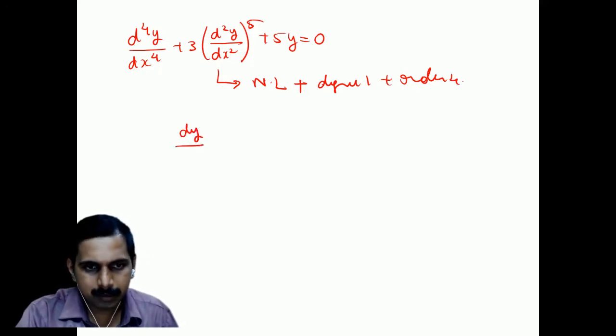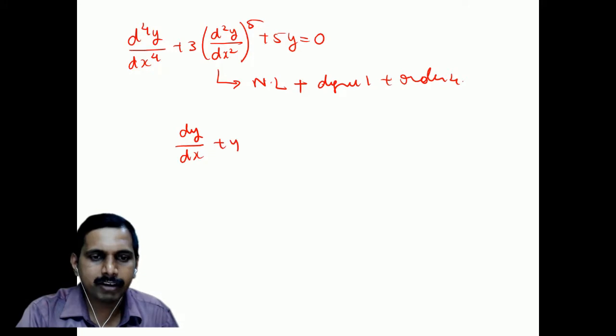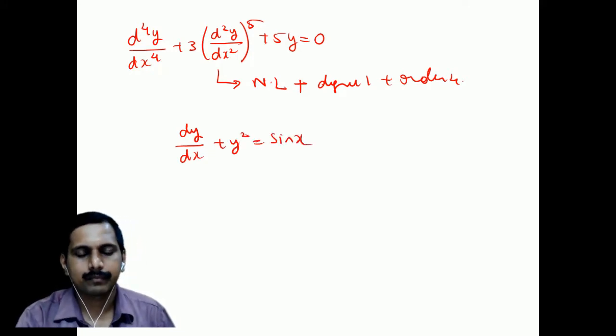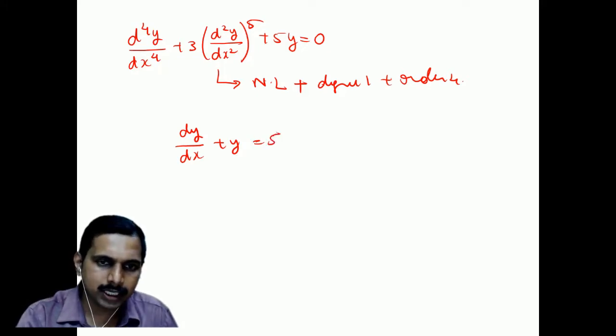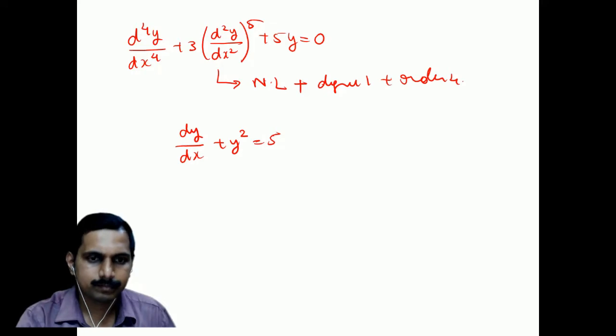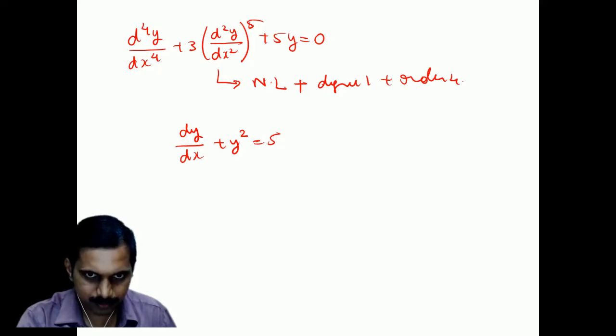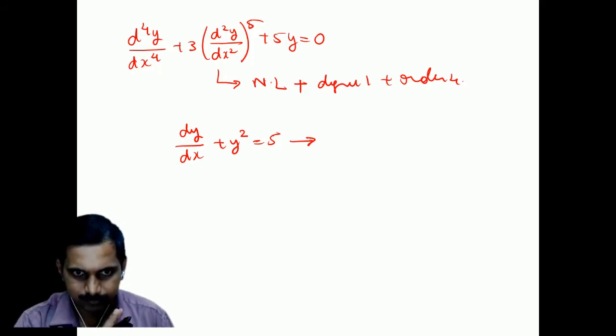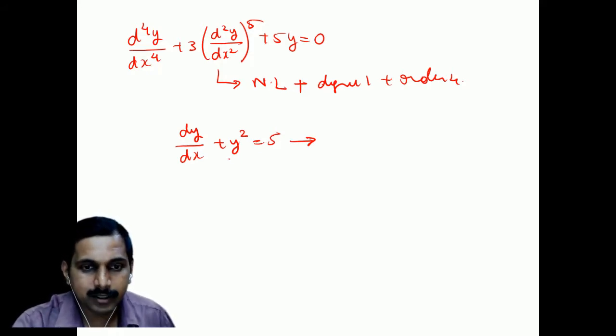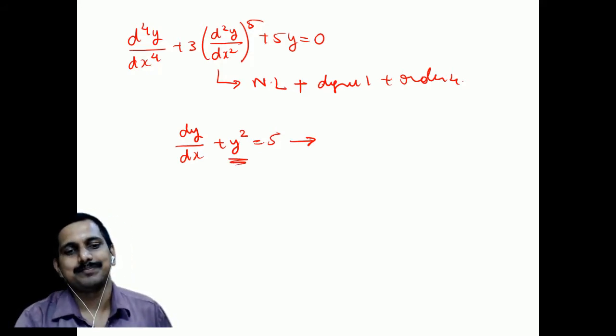dy by dx plus y square is equal to sin x, or is equal to 5. Let us keep it simple. Linear or non-linear, students? Non-linear. Very good. Which is the non-linear term? y square is the non-linear term.